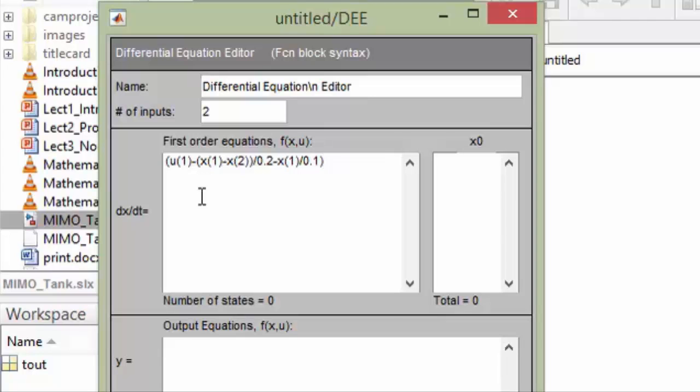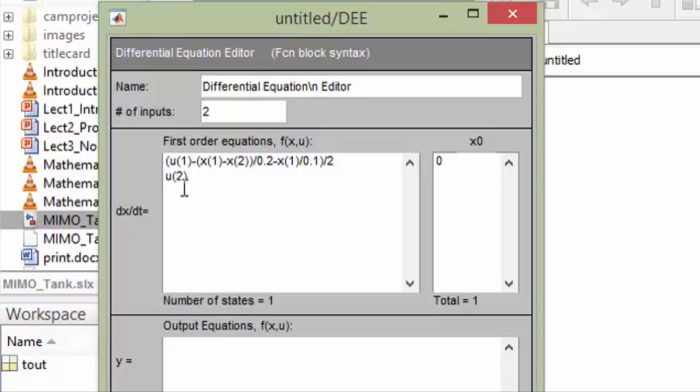The whole thing is divided by the cross-sectional area of tank 1, which is a1 in our case. Then the initial value of x of 1. The first equation represents dh1 by dt, which is x1 dot. Level 1's initial condition we have also given here.